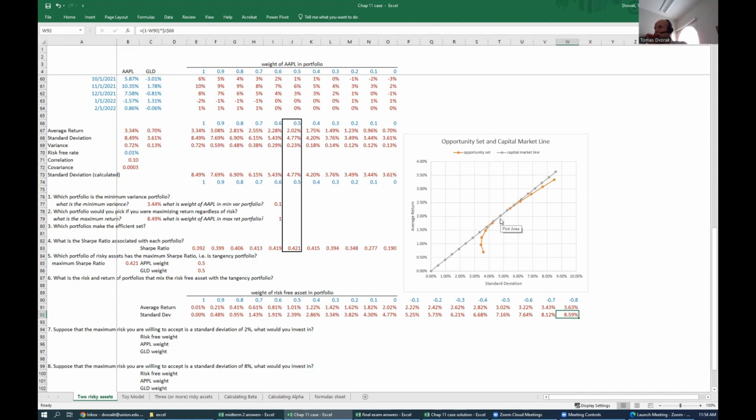So for instance, if I'm really uncomfortable with the amount of risk that Apple and Gold gives me, previously, the minimum risk I could achieve was somewhere here on this orange line. But now I know I can go lower. I can get less risk than that. I can just throw in a bunch of risk-free asset, a bunch of treasuries. I'm going to hold some cash, right? And that's going to get me maybe to this point, or even to this point.